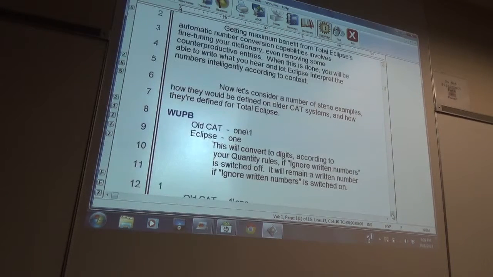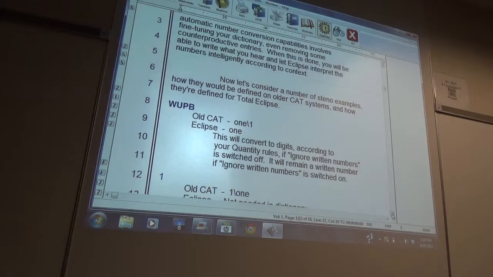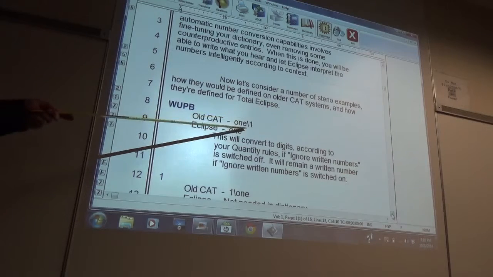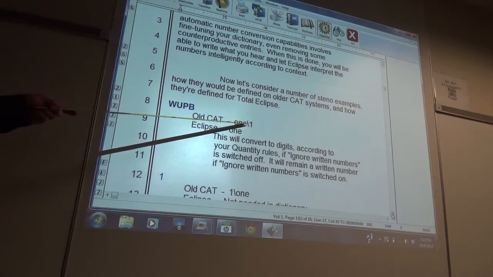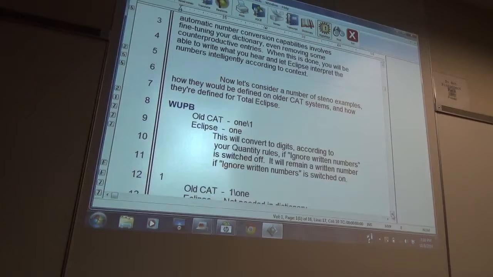Now let's consider a number of steno examples. How would you define it on the older CAT system, and how would you define it on the new one? Here it's telling you how we used to do it. On the old CAT system, you had to make it a conflict because you didn't know whether you needed "one" or the number 1.